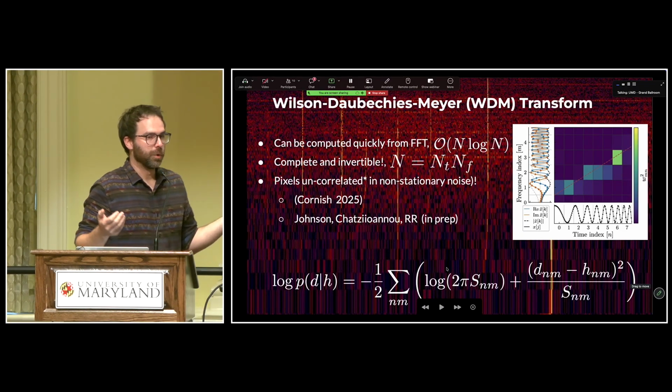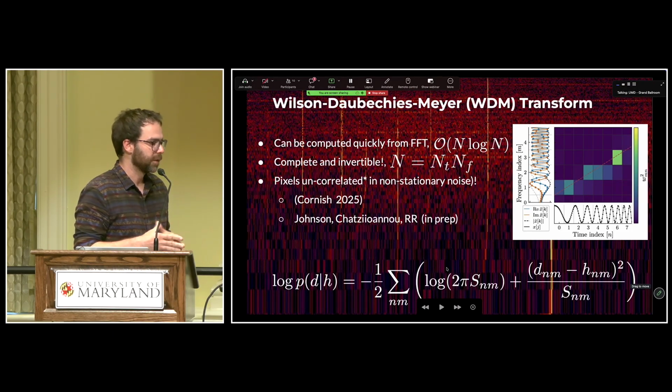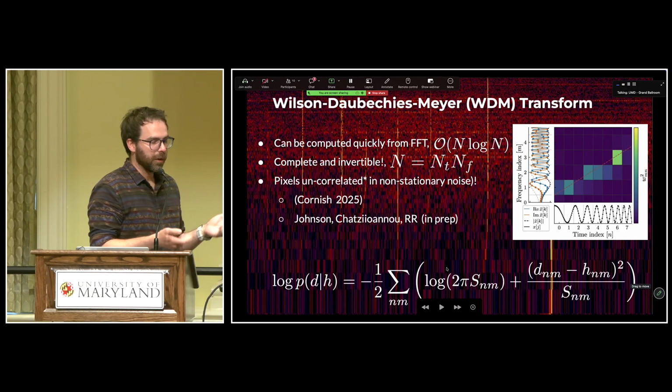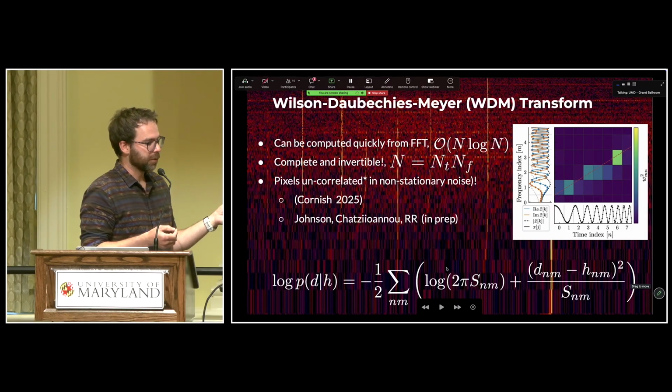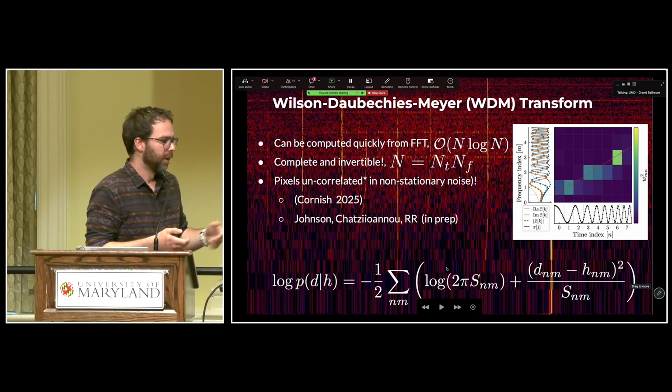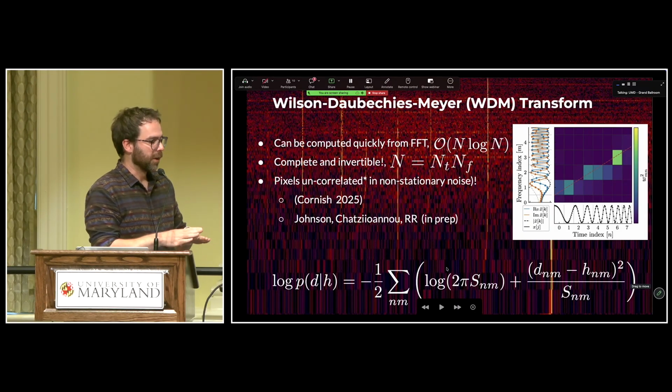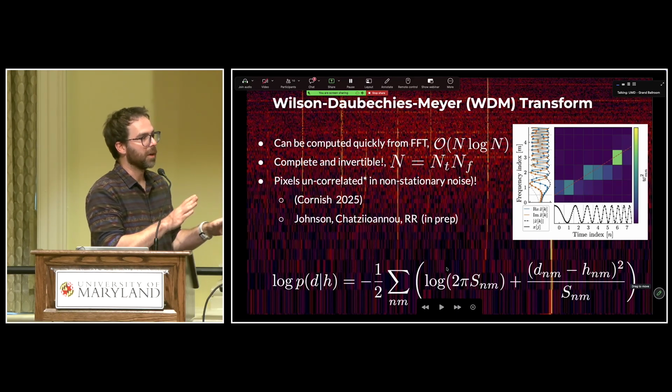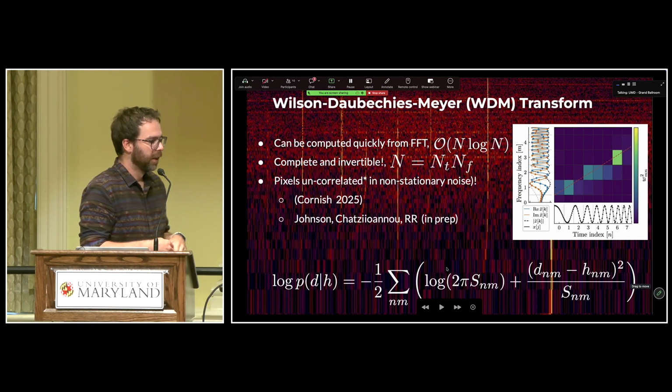And the nice thing for noise and stochastic background searches is that even though our data is non-stationary, our pixels remain uncorrelated, at least as long as it's quasi-stationary, not too non-stationary.